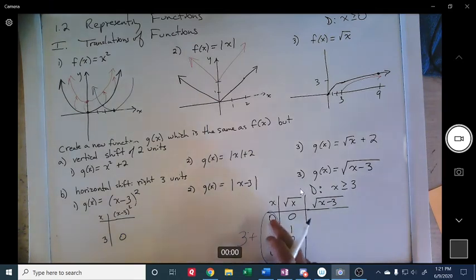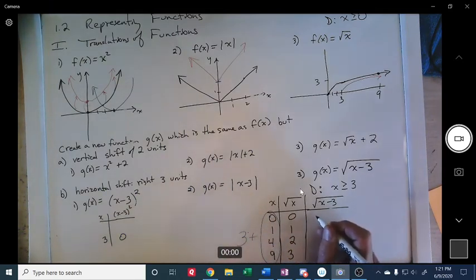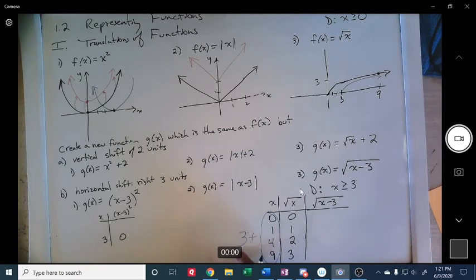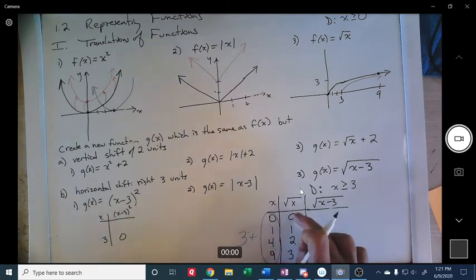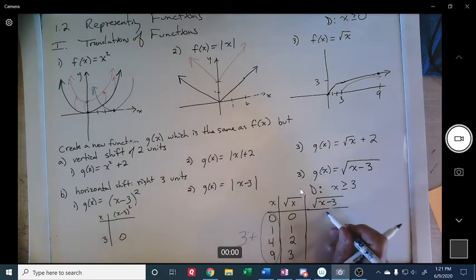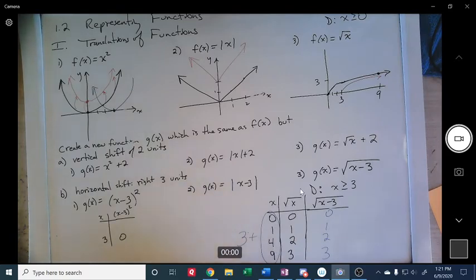And so if I add 3 to each one of these inputs, I would be getting a whole new input set that would give me these same outputs over here. If I did this, that's the way that I would get 0, 1, 2, and 3 coming up here.